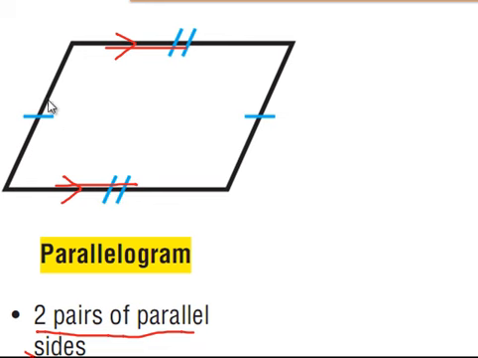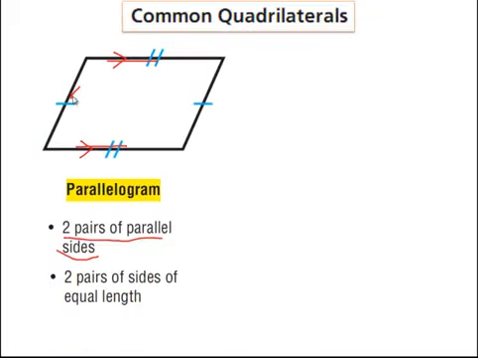The second pair, can you see this side with this side? Yes, of course I can see them. They are parallel sides. This is the second pair. Oh, I understood now. There are two pairs of parallel sides.